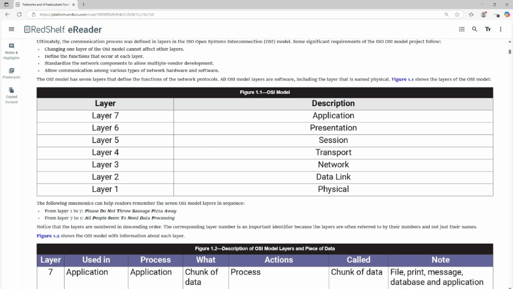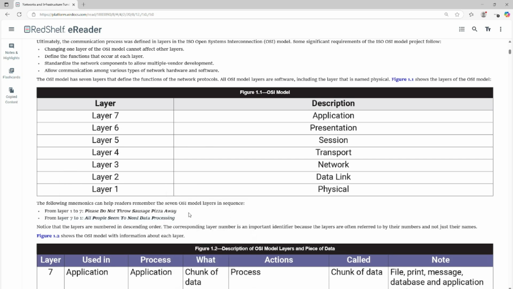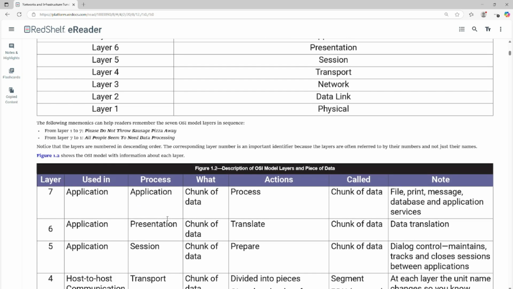One which takes you from layer 1 to layer 7: Please do not throw sausage pizza away. And the other one which takes you from top down, descending order: All people seem to need data processing. My preference is please do not throw sausage pizza away, because by default a data packet moves from layer 1 right up to layer 7.